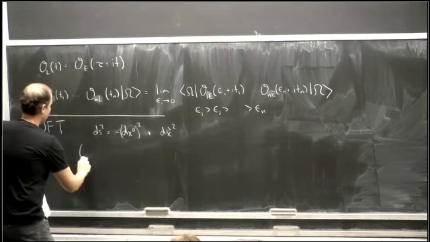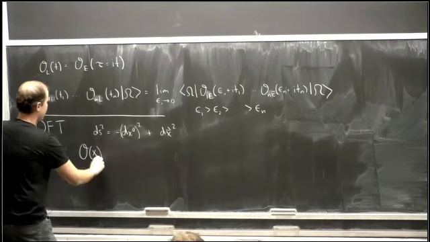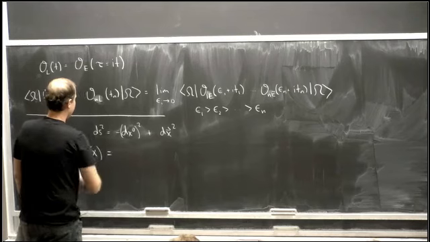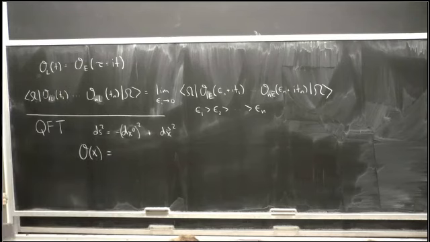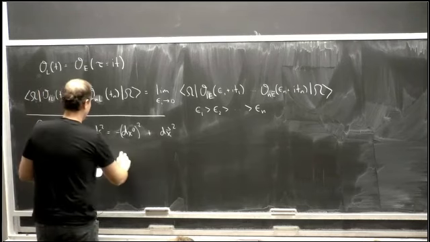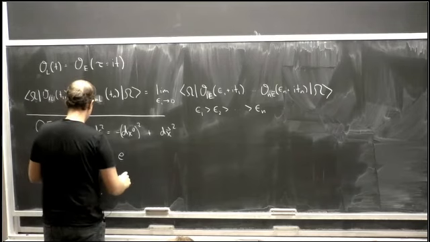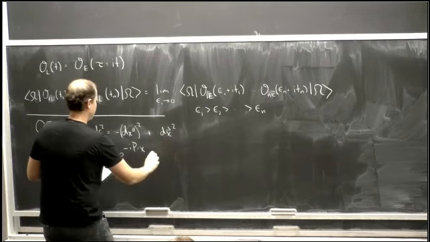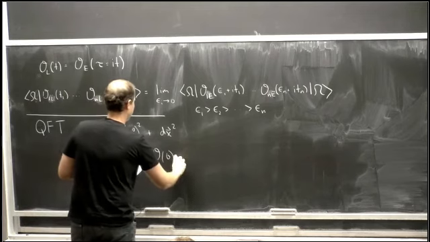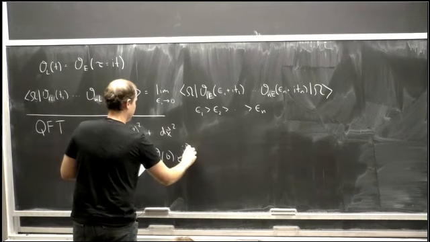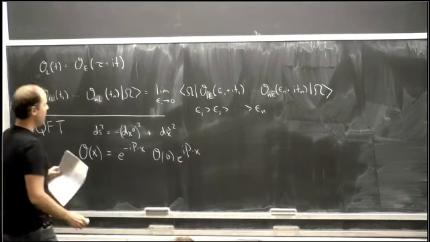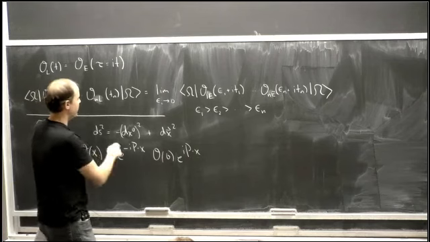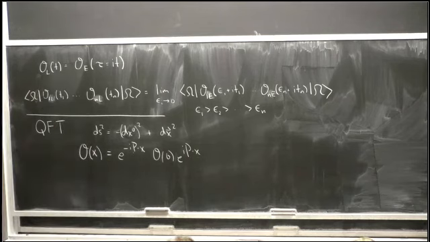So as before, we can start by writing down Heisenberg picture operators. And these are given by conjugating O of 0 by the operator that moves you in spacetime. And it looks like this: e to the i P dot x, O of 0, e to the minus i P dot x. And by the way, P are the energy-momentum generators.